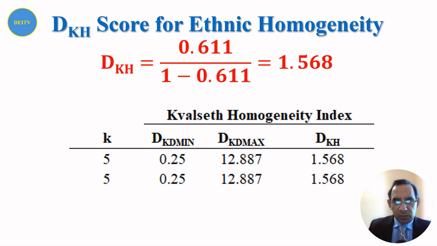That gives us a product or an index of 1.568, which indicates the odds that two individuals selected at random will have the same ethnic background. As I mentioned, there's a maximum score and a minimum score. In this case, the minimum score is 0.25. The maximum score is 12.887. And again, the homogeneity score is 1.568.